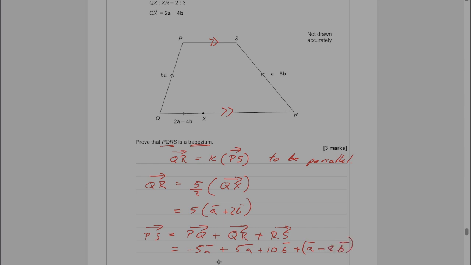I didn't need to put that in particularly. Right, so that and that will cancel, so that's going to leave us with just A plus 2B.